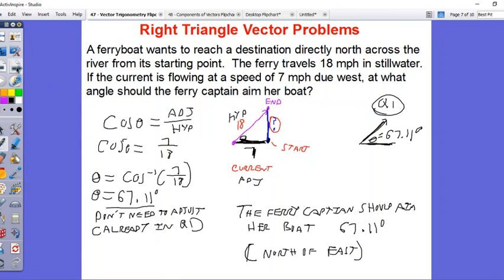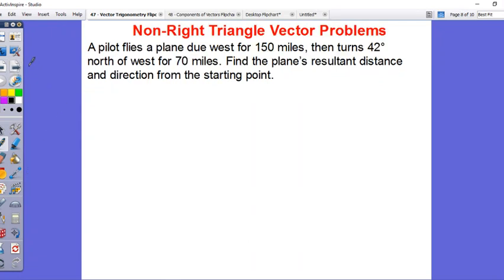All right, so let's do our 2 non-right triangle vector problems. A pilot flies his plane due west for 150 miles. Then turns 42 degrees north of west for 70 miles.